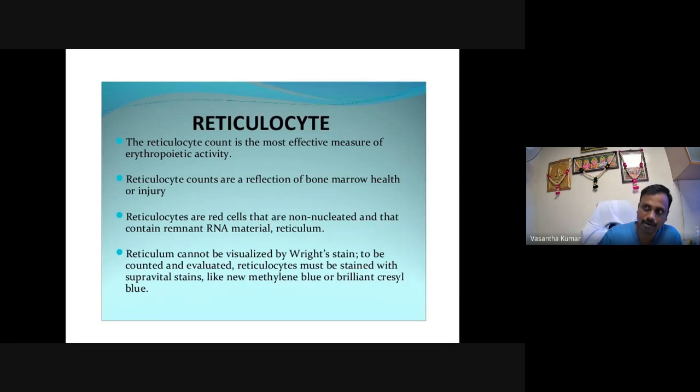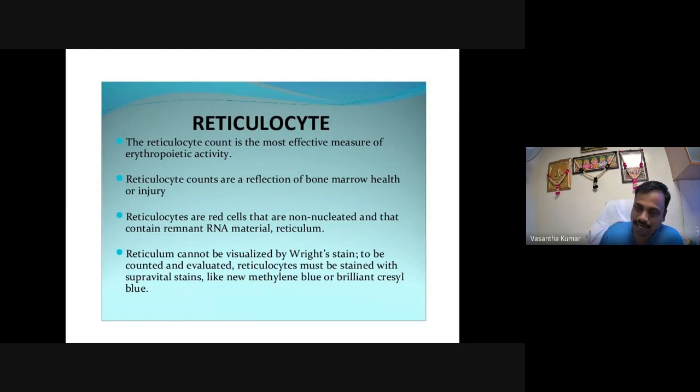Conditions like myelofibrosis, myelodysplastic syndrome, post-chemotherapy, post-radiation, or drugs like chloramphenicol will cause bone marrow suppression. So what will happen? The synthesis of red blood cells itself will be decreased. So if the reti count is less, that means the production is less.